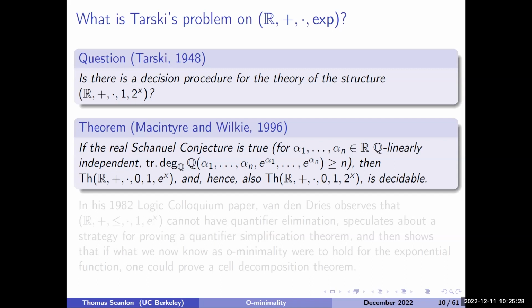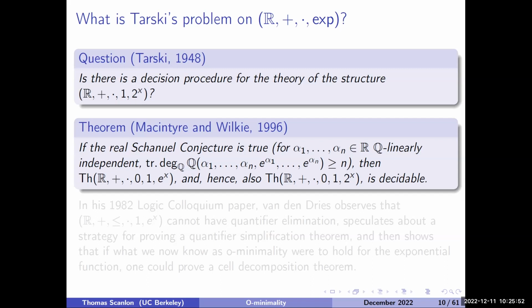You take real numbers alpha 1 to alpha n, linearly independent over the rationals, and then you also look at the exponentials. The transcendence degree of the field generated by alpha 1 to alpha n, e to the alpha 1 through e to the alpha n, has to be at least n.